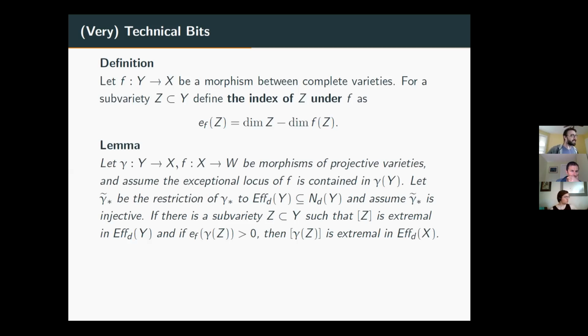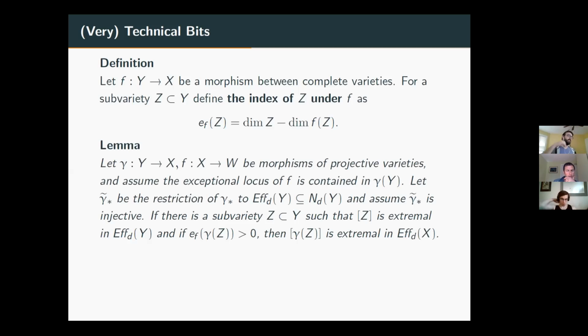So here we go. Let gamma be a map from y to x, and f another map from x into a third space w. Let them be morphisms of projective varieties, and assume that the exceptional locus of f is contained in gamma of y.